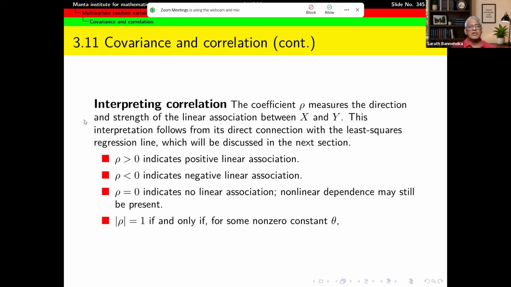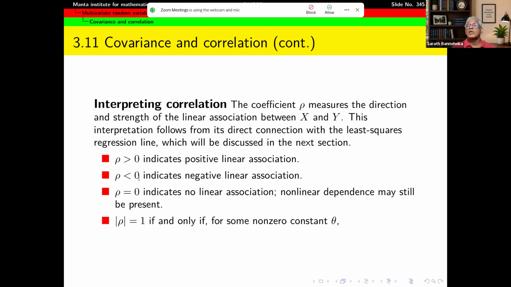So in this case, when you say rho greater than 0 indicates a positive linear association, it does not necessarily mean all the possible pairs of X and Y are on a straight line. They can be close to a straight line, right? Around a straight line with a positive slope.